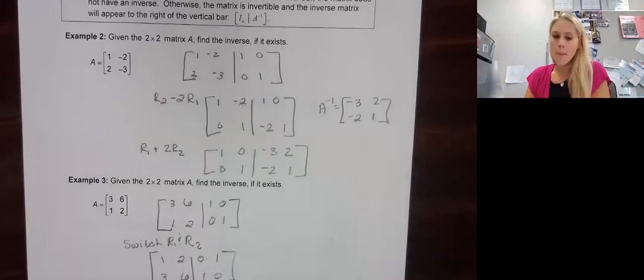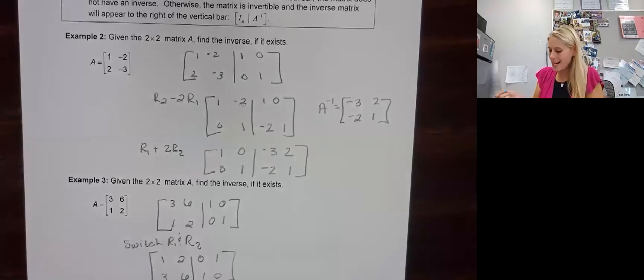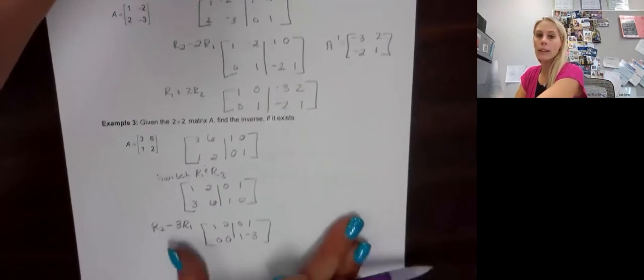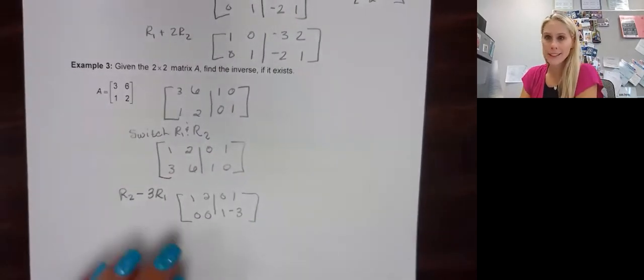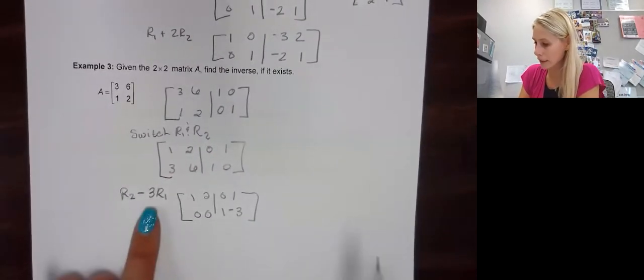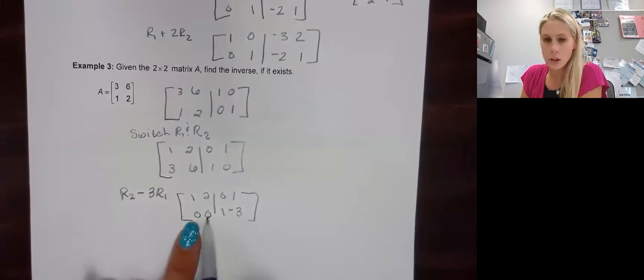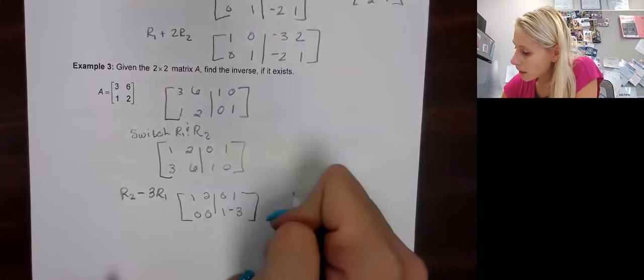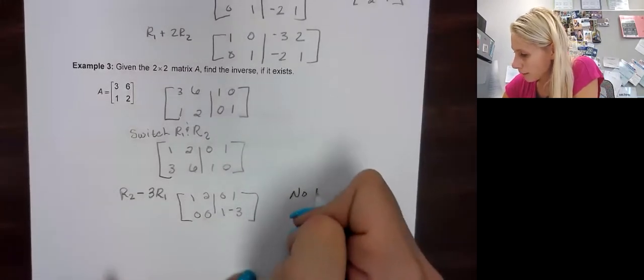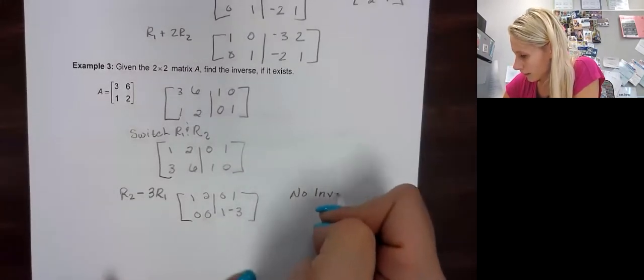All right, because we cannot get the identity matrix right here because it's already 0. Sorry guys, I didn't see that wasn't on the screen. Because it's 0, 0, it can't be the identity matrix. That means no inverse exists.